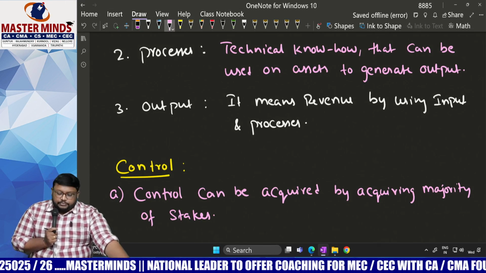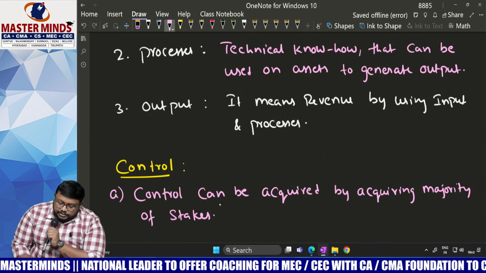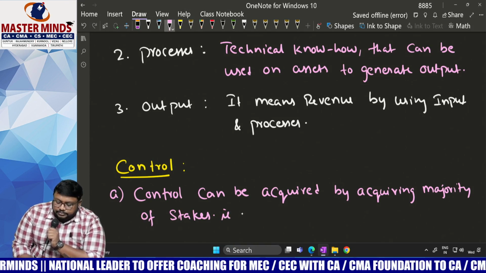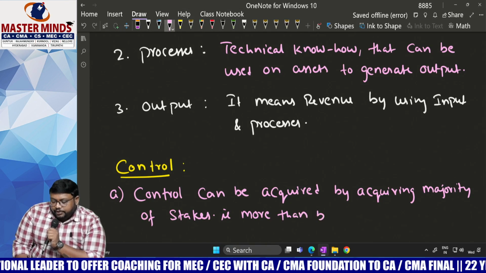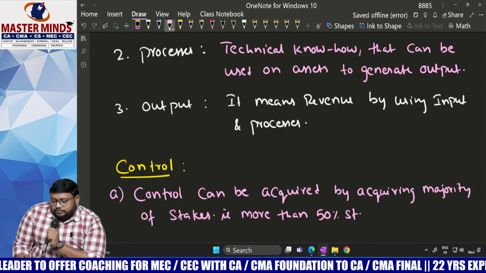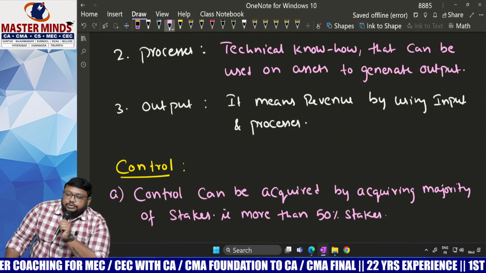Majority means it is more than 50 percentage, so you can write that is more than 50% stakes. When you're having majority of stakes, you're having a control.